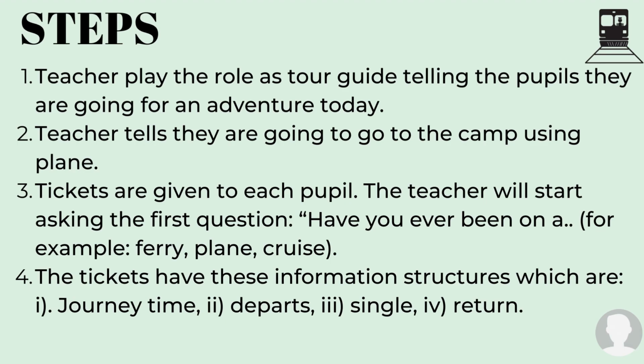Have you ever been on a, for example, the teacher can use ferry, plane, or a cruise. And then, in the tickets, there is also information such as journey time, which is how long does it take, and departs, which is the time of departure, single or return.